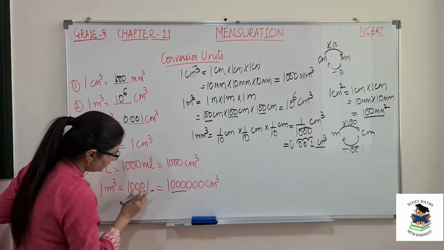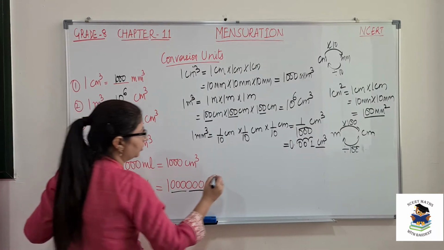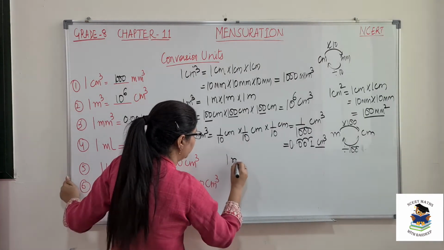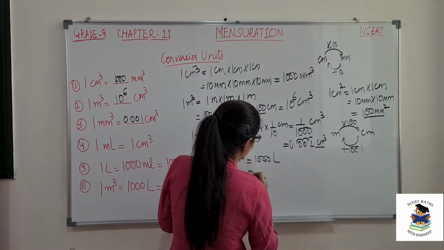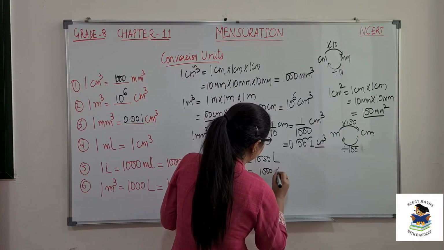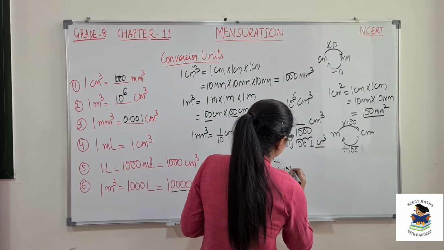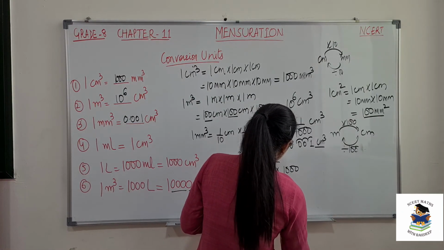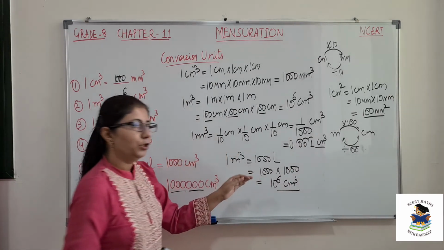So this 1000 is to be multiplied with 1000 further. So overall, 10 raised to power 6 centimeter cube.